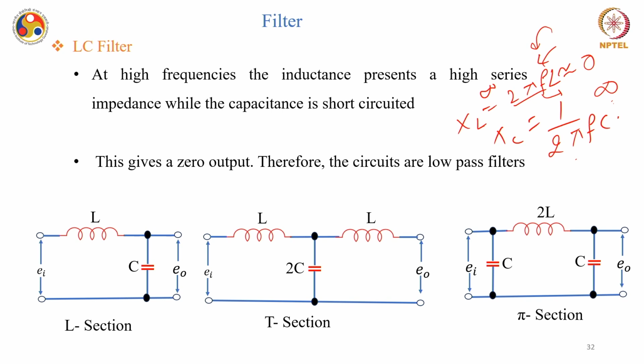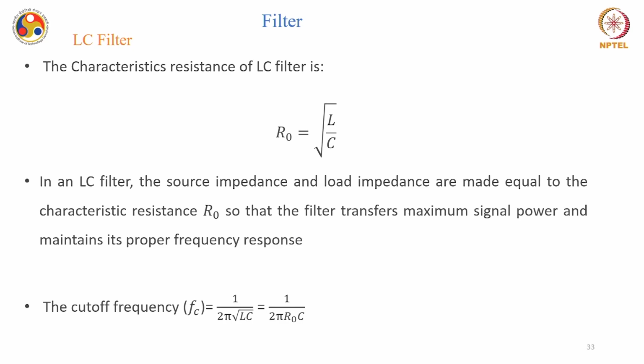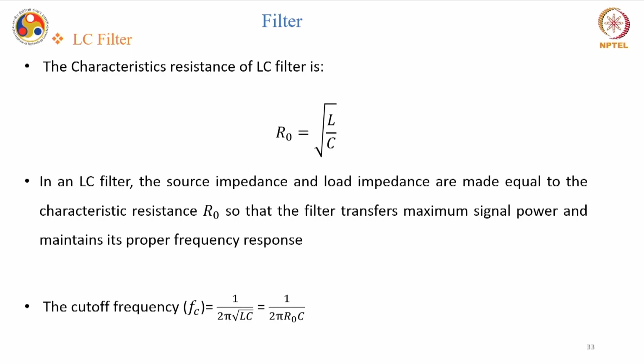So you have seen 3 different configurations for a low pass LC filter: the L section, T section and pi section. Now, the characteristic resistance, one of the important terms for an LC filter, is given as root of L by C. In an LC filter the source impedance and the load impedance are made equal to the characteristic resistance R naught, so that the filter transfers maximum signal power and maintains its proper frequency response.